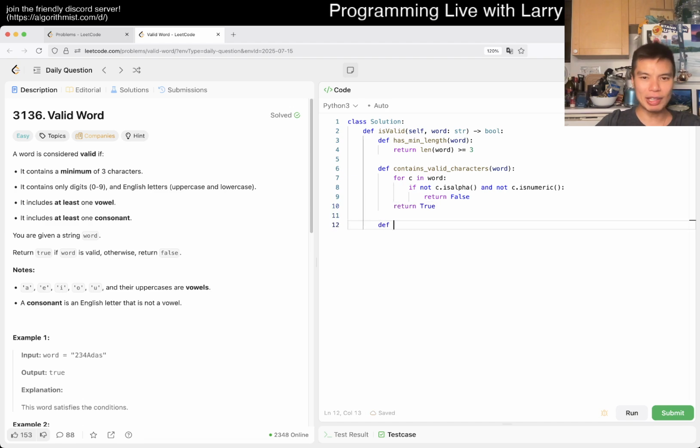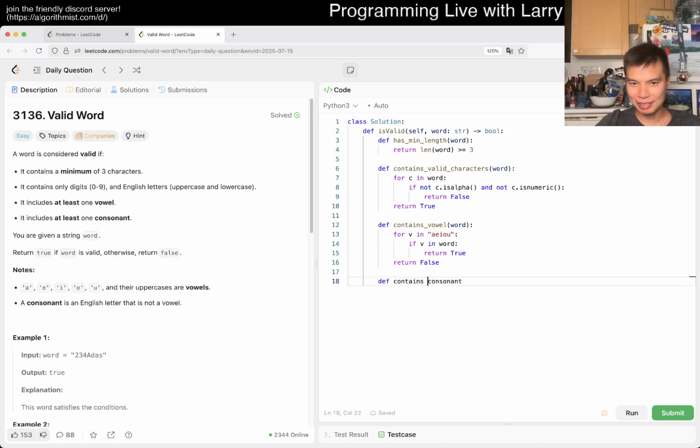And then you have at least one vowel. Maybe we could have cooked this into here, but for whatever reason, we can do contains vowel. So for v in A, E, I, O, U, if v in word, then return true, otherwise return false. And then maybe contains consonant.